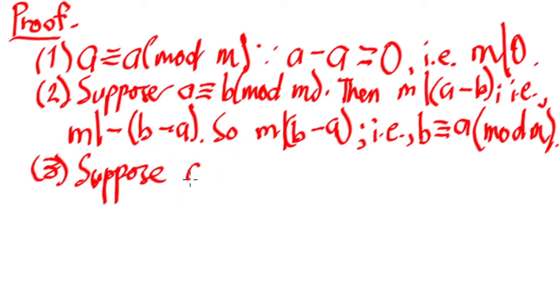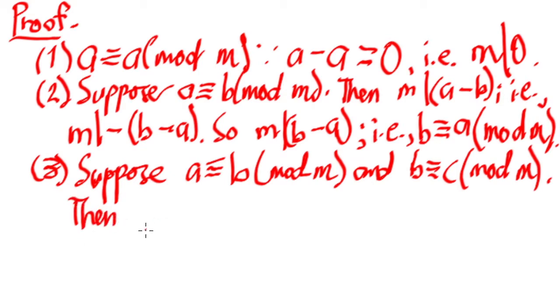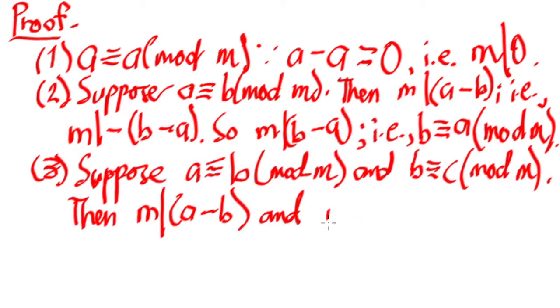Suppose A is congruent to B mod M, and B is congruent to C mod M. Then M divides A minus B, and at the same time, similarly, M also divides B minus C.